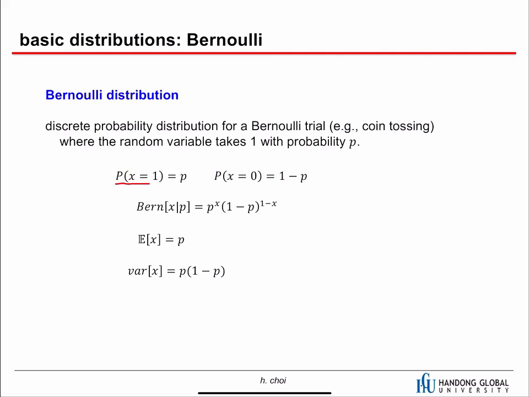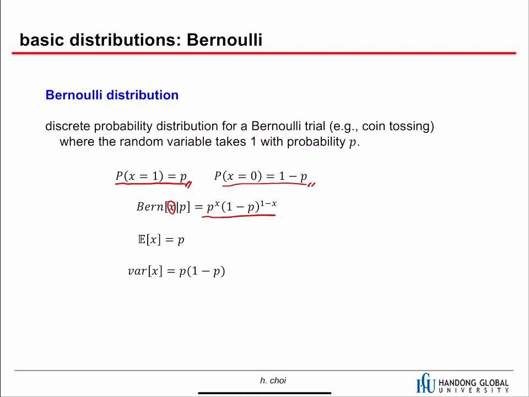The probability that the result is head is P, and the probability that the result is tail is 1 minus P, right? And the probability of x, where x could be head or tail, is defined by this one.